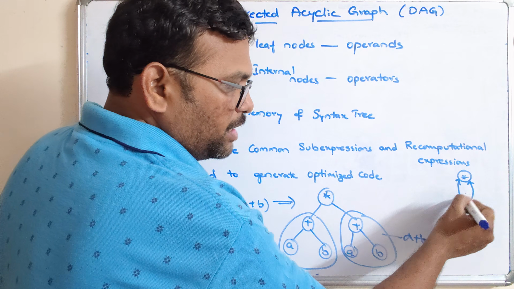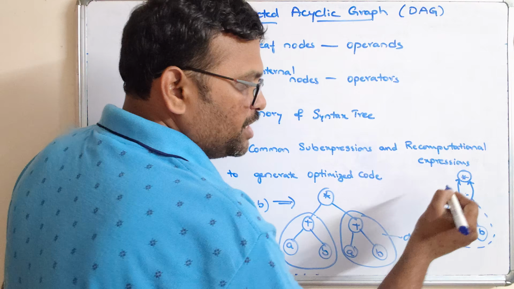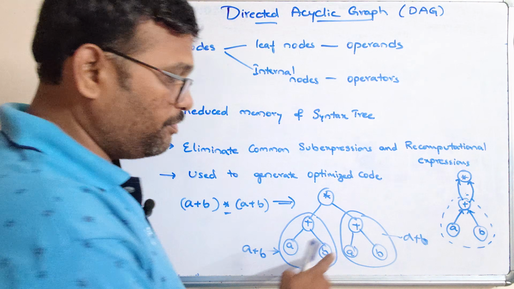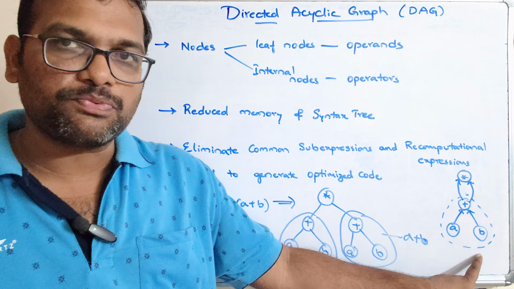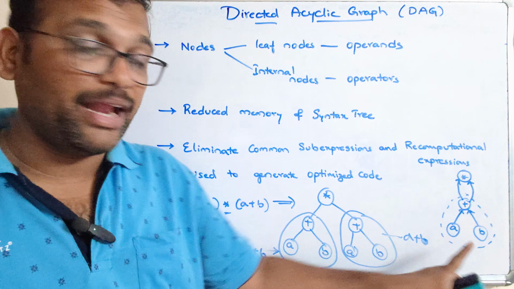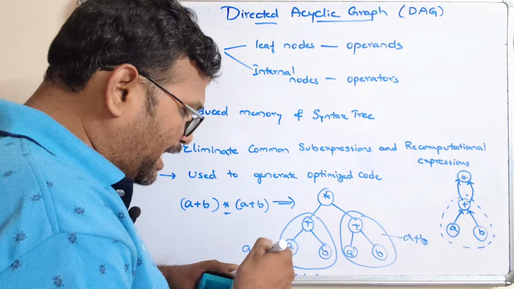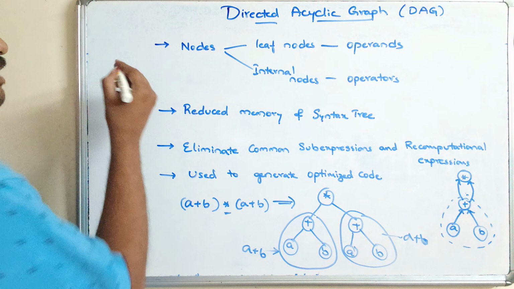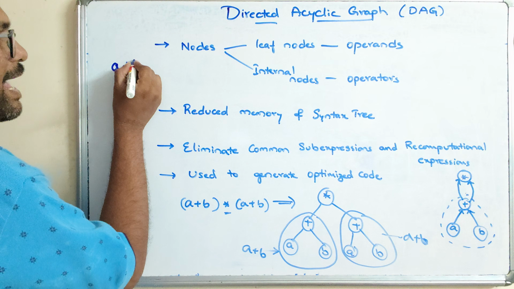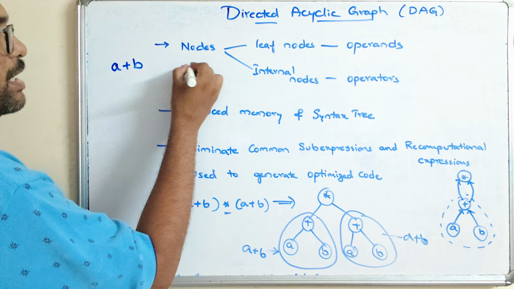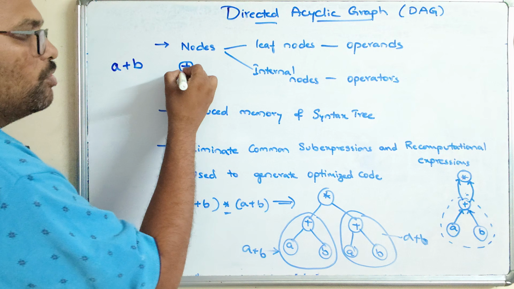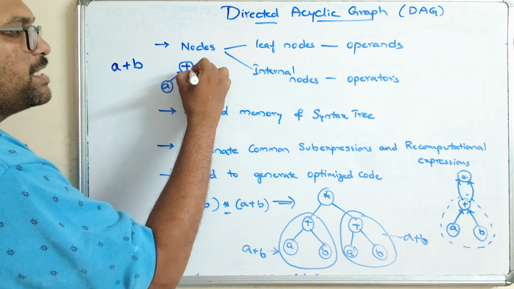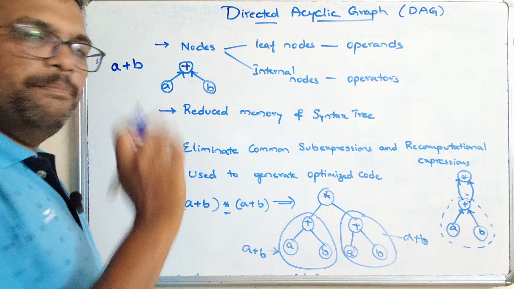This portion is a plus b, and the same portion is multiplied twice, instead of drawing it twice. Here you can observe there should be directions on the edges. To draw the directed acyclic graph for a plus b, the plus will be the internal node and a and b will be the leaf nodes, with directions towards the plus. So this implies a plus b.